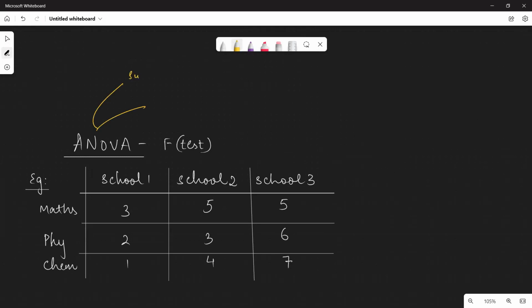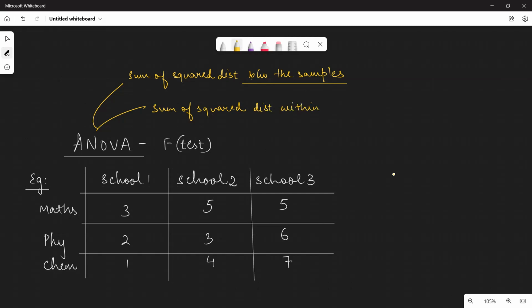You calculate something called sum of squared distances between the samples, and sum of squared distances within the sample.